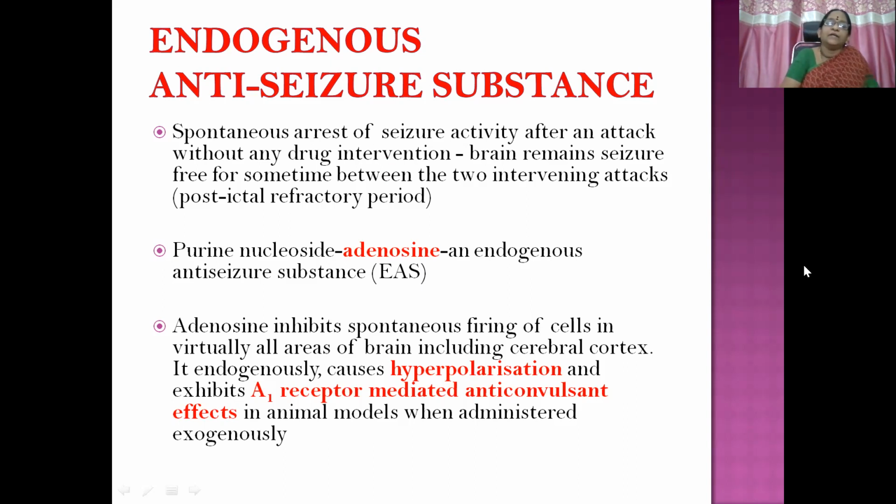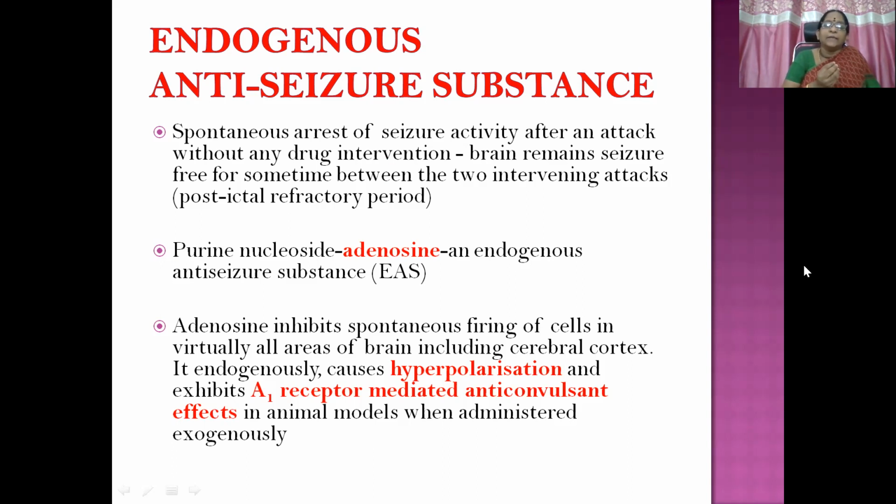So this is mainly because of a purine nucleoside, that is adenosine, which is otherwise known as an endogenous anti-seizure substance. How does this adenosine molecule act as an endogenous anti-seizure substance? This adenosine molecule inhibits spontaneous firing of cells in virtually all brain areas in the cerebral cortex.